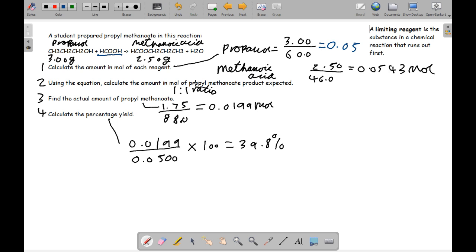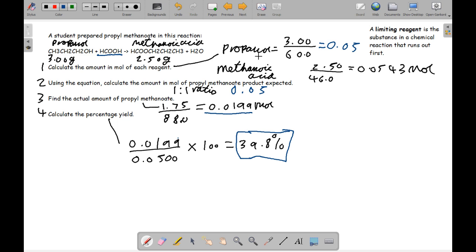And using the equation, we need to determine the amount of theoretical moles. So 0.05 moles, since it's a 1-to-1 ratio. The actual amount of propyl methanoate would be 1.75 over 88, which is 0.01999. So the percentage yield would be 0.0199 over 0.05 times 100, and we get 39.8%.